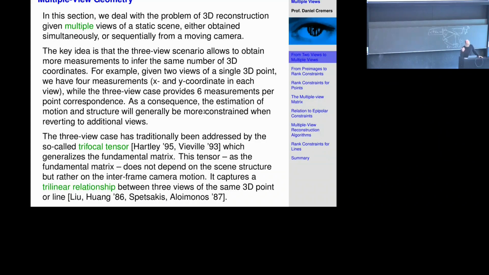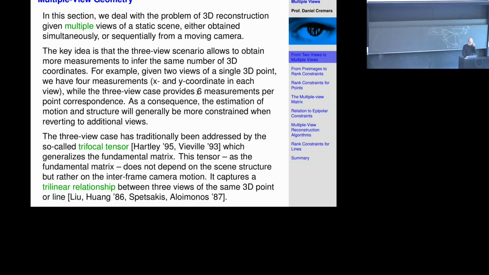So this whole field of multiple view geometry was sparked by studying 2, 3, 4 more views, and there are different ways to tackle it. But basically, if you observe the 3D point not in two but in more images, then you get more measurements of the same point. And so it should create more constraints.